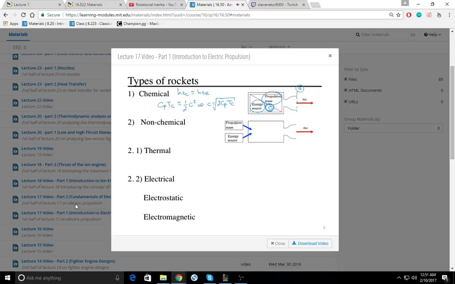So basically, for a given propellant, Cp is given, and then to increase the specific impulse or the exhaust speed, we can increase the temperature. But that temperature is normally of the order of 1,000 Kelvin.